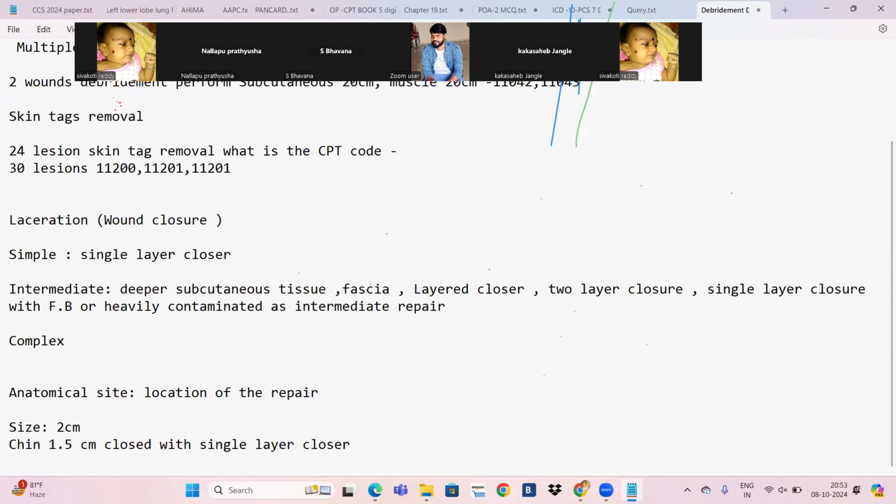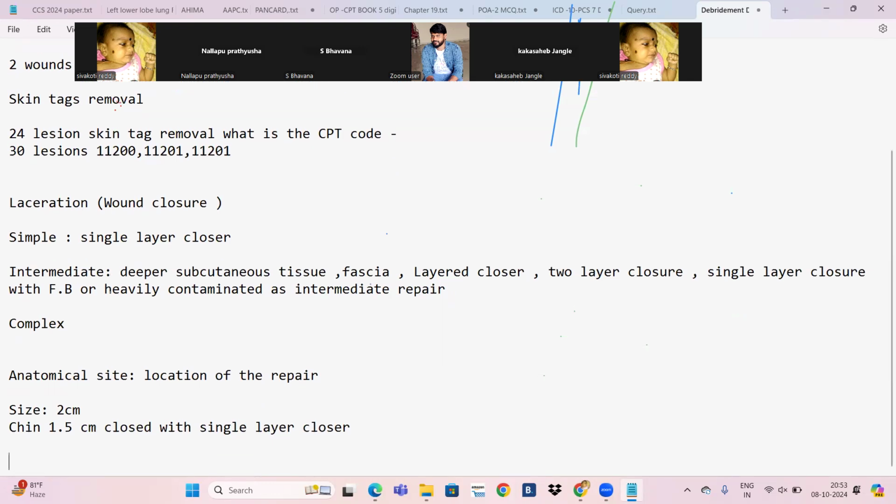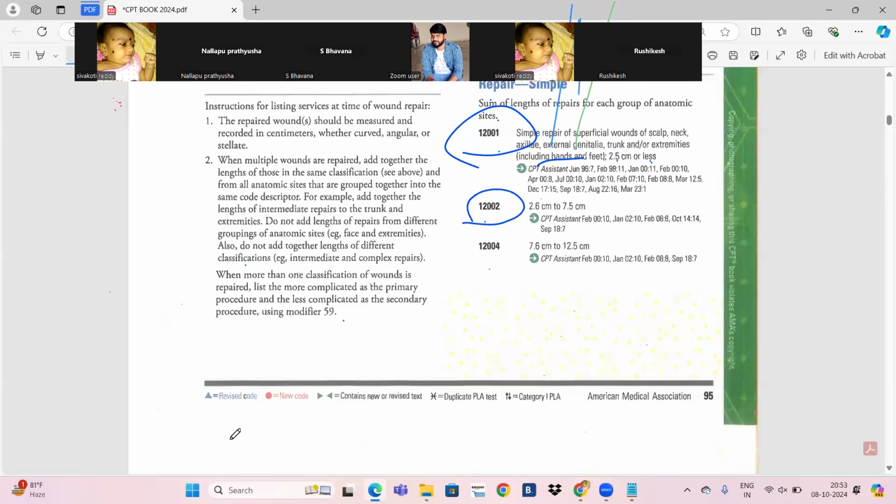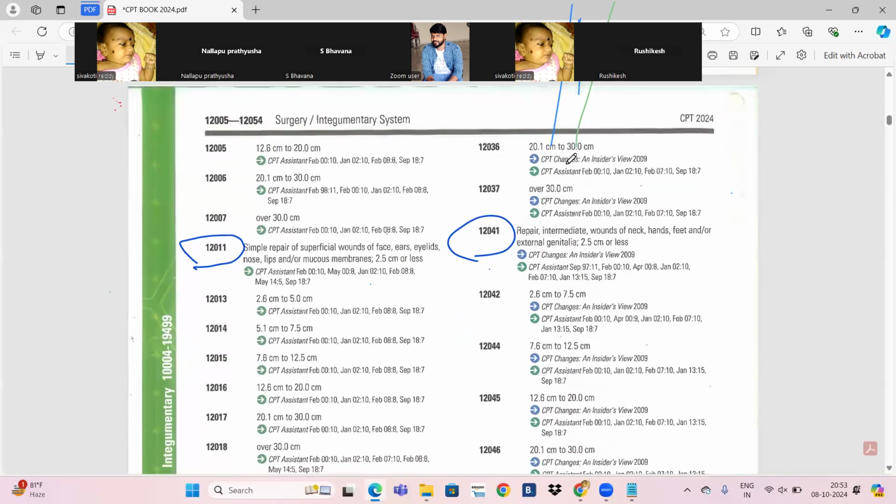What is the CPT? 12011. Yes, 12011, because chin comes under face. So please check, everyone, are you able to identify or not?